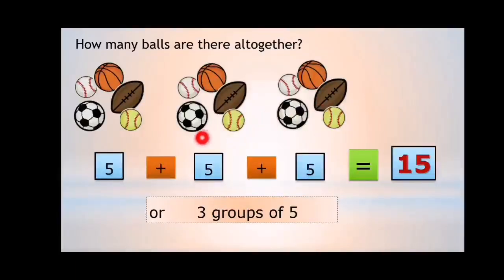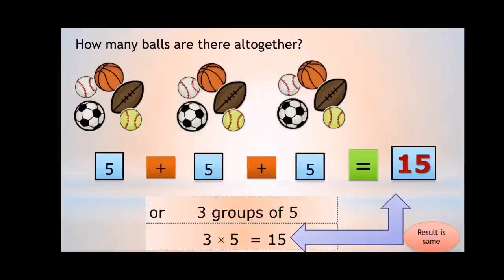So we can write it as 3 groups of 5, which can be represented in the multiplication sentence as 3 multiplied by 5, which is equal to 15. So you can see the answer is the same in the addition and in the multiplication.